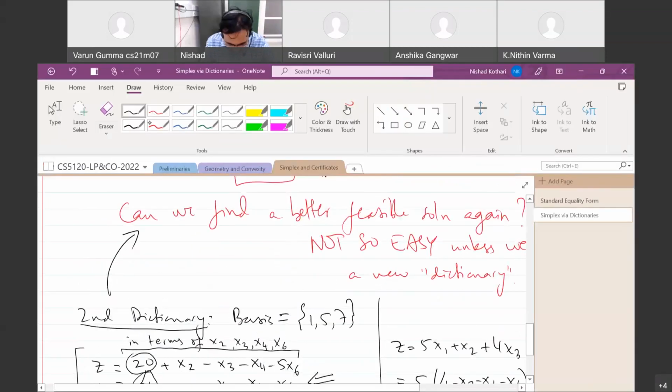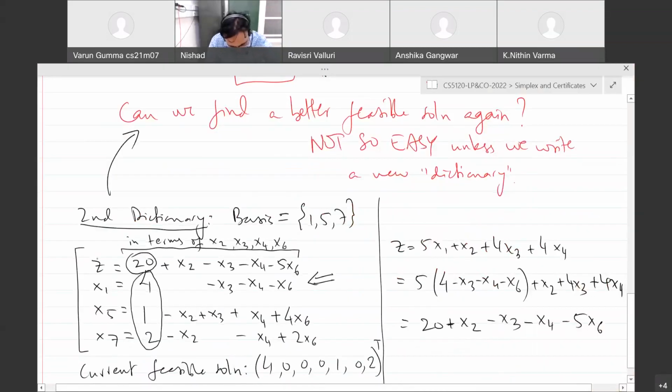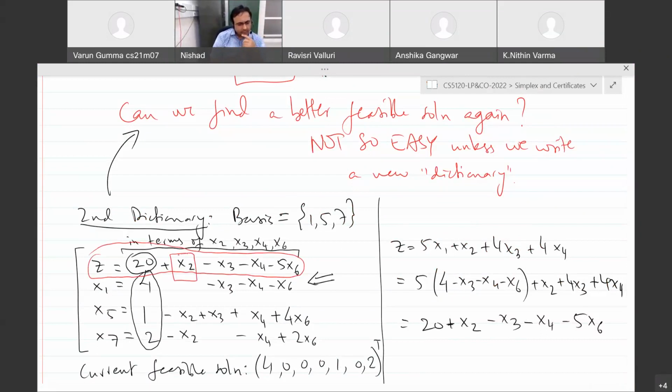So let us look at the objective function. All the coefficients except the one for X2 are not even positive, right? X2 is the only one that has actually a positive coefficient. So if you increase the value of X2 while keeping X3, X4, X6 equal to 0, you would be able to get a better feasible solution.